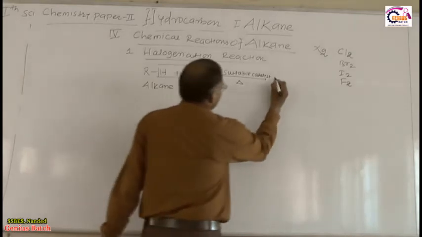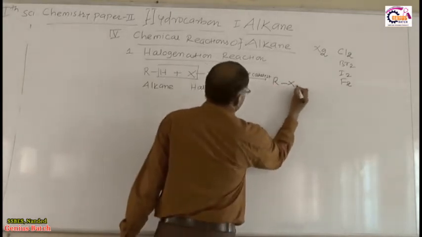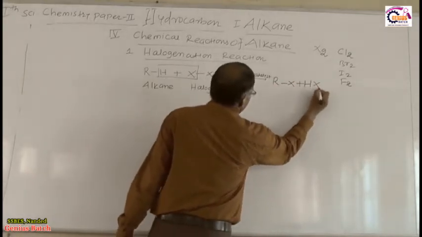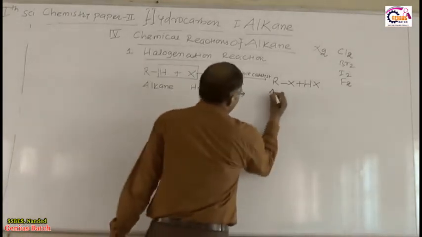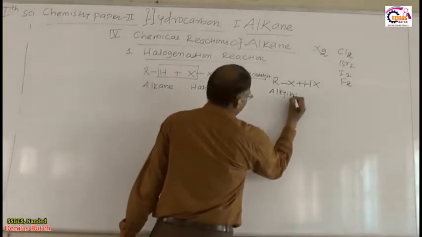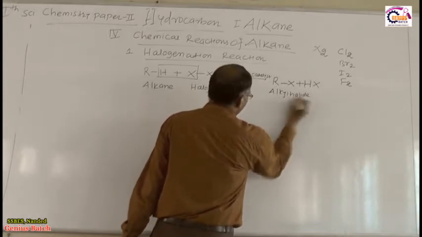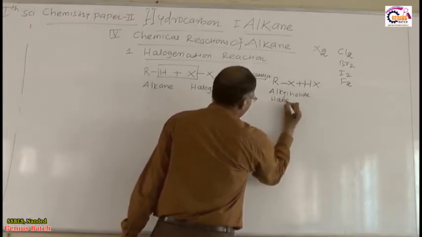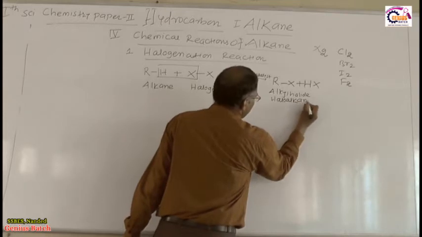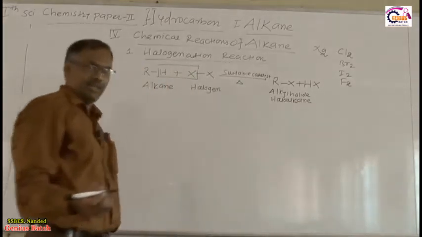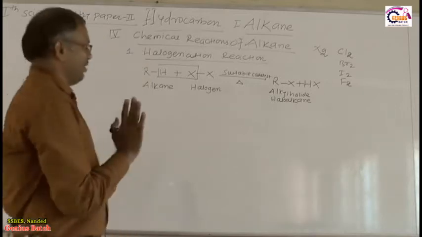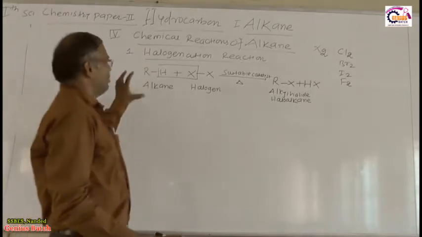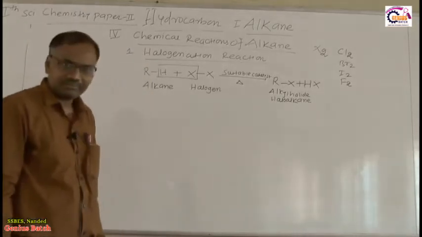So what will you get? You will get RX plus HX as the byproduct. RX is the alkyl halide, the common name, and the IUPAC name is haloalkane. So this is the general reaction.